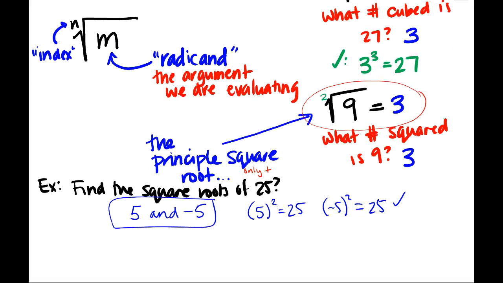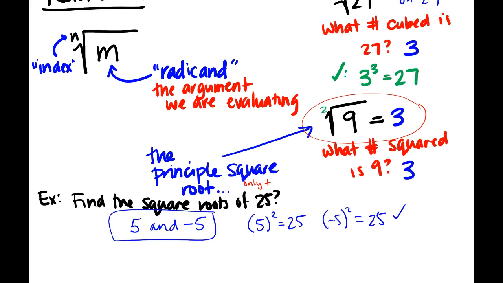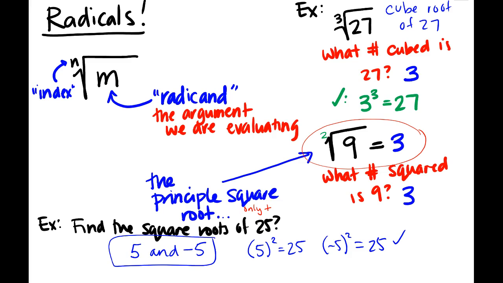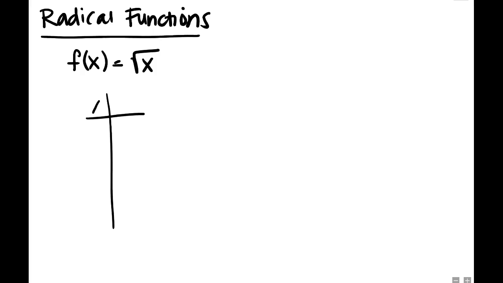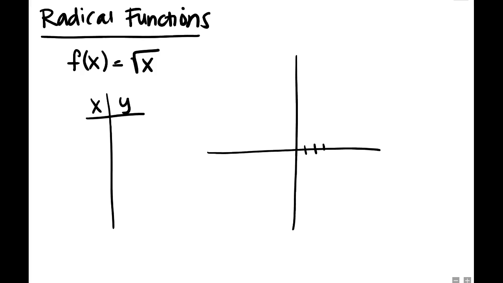Might as well, in this introduction, go ahead and do one example where we graph as well. So that's what we're going to do next. So our radical functions, let's just start with the most basic of our radicals, the square root of x. This radical function we could graph, we could make our table, and come up with our graph. If we were doing this table by hand, without our calculators, we would want to choose numbers that actually work out nicely.